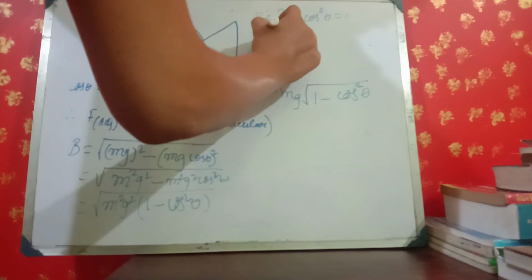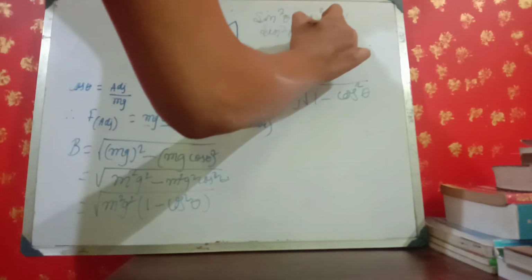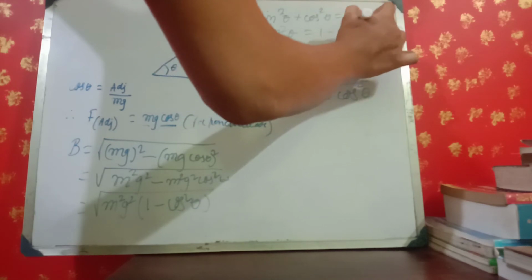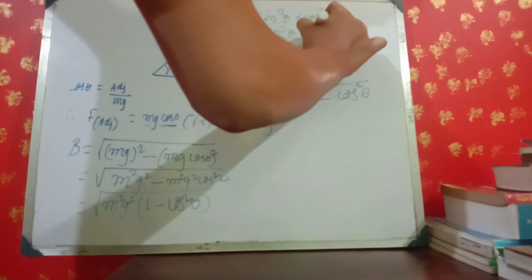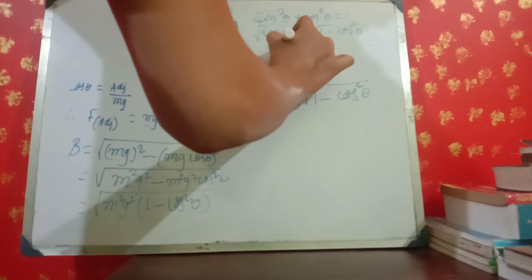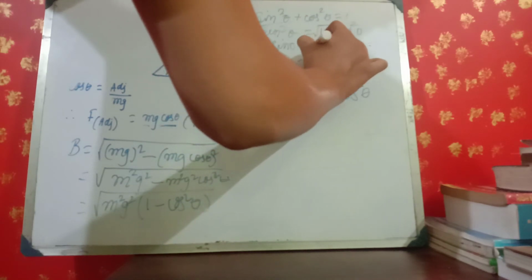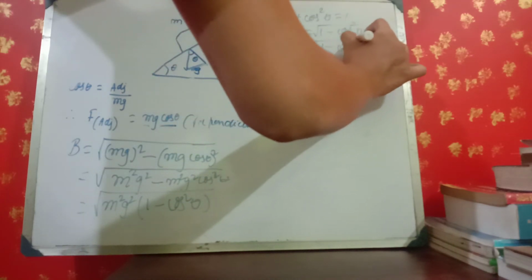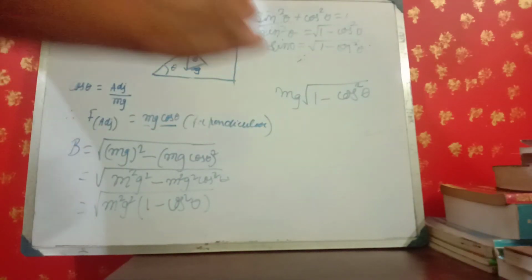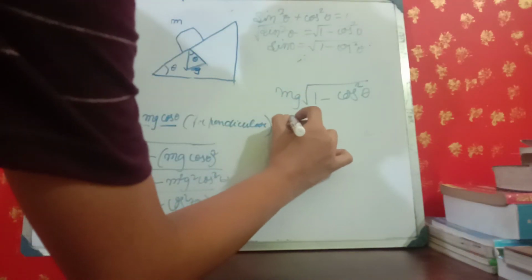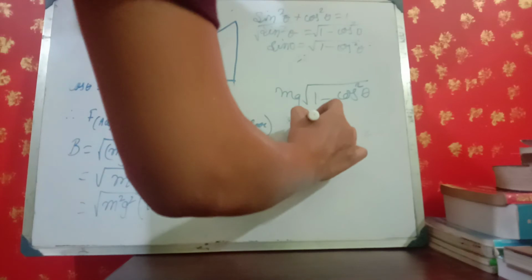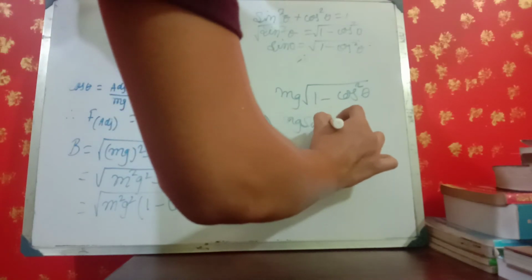So sin square theta will be 1 minus cos square theta. If I take the square root on both sides, then sin theta will be equal to the square root of 1 minus cos square theta. So I can also write it as m into g sin theta, or I can leave it like this.